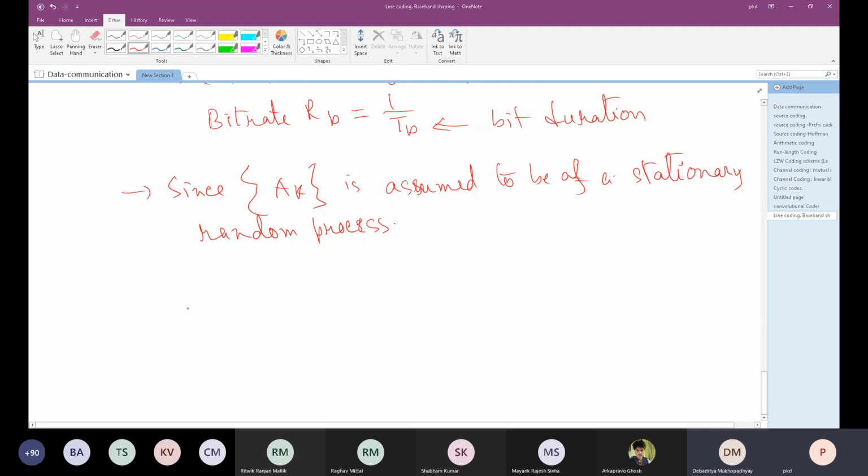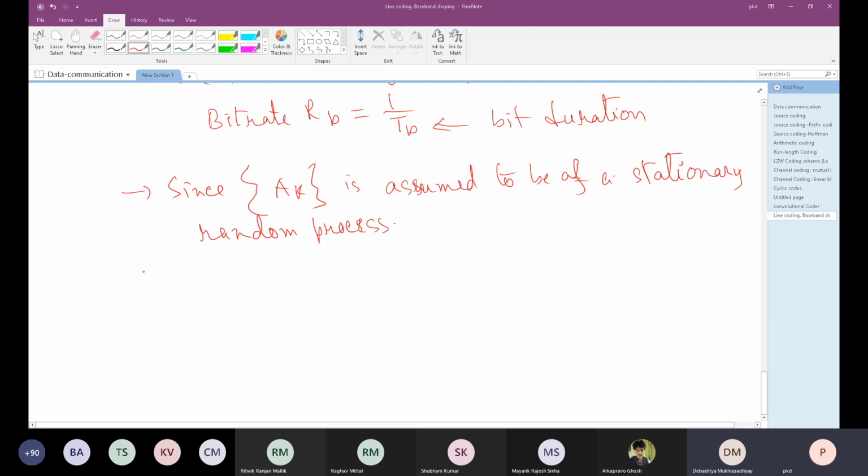Those are independent of time for a stationary process. One of the statistics, which is a generalization of the variance, is known as the autocorrelation.